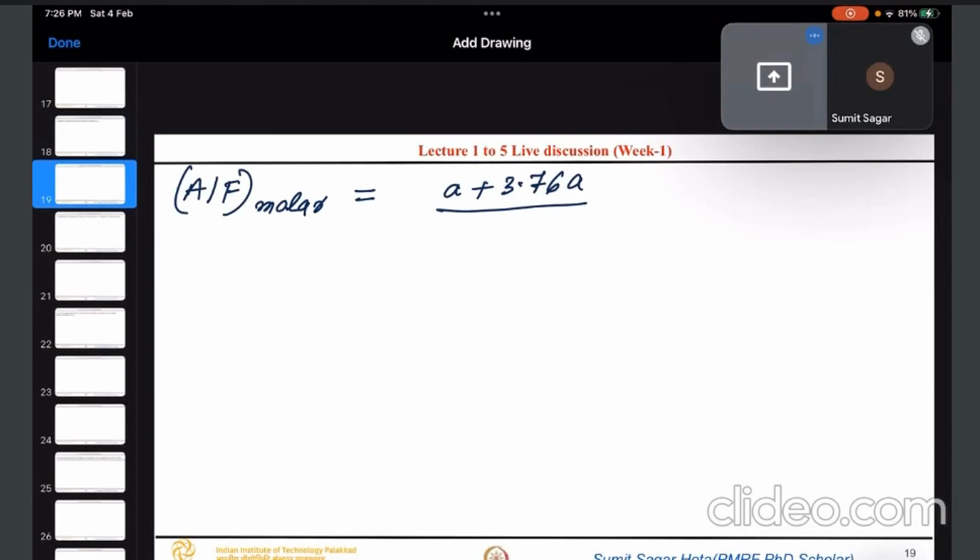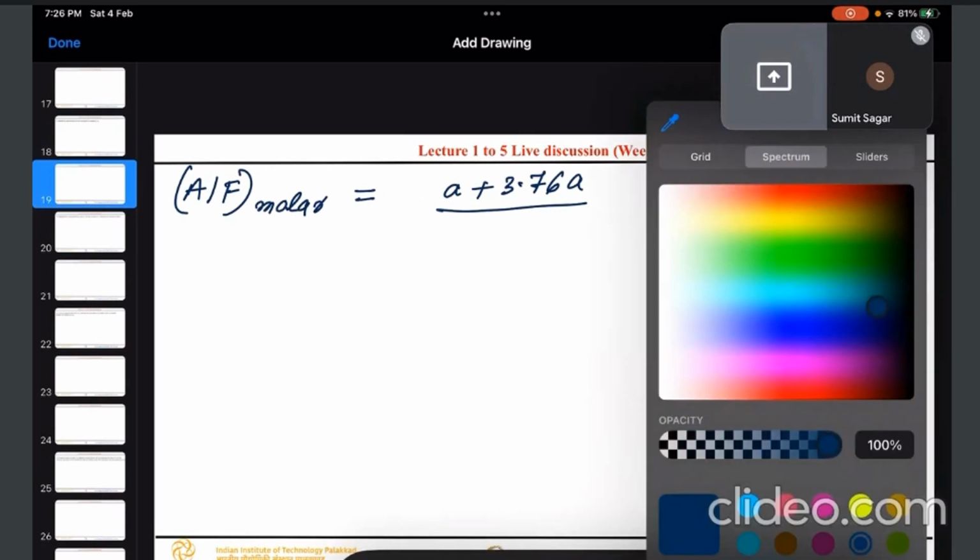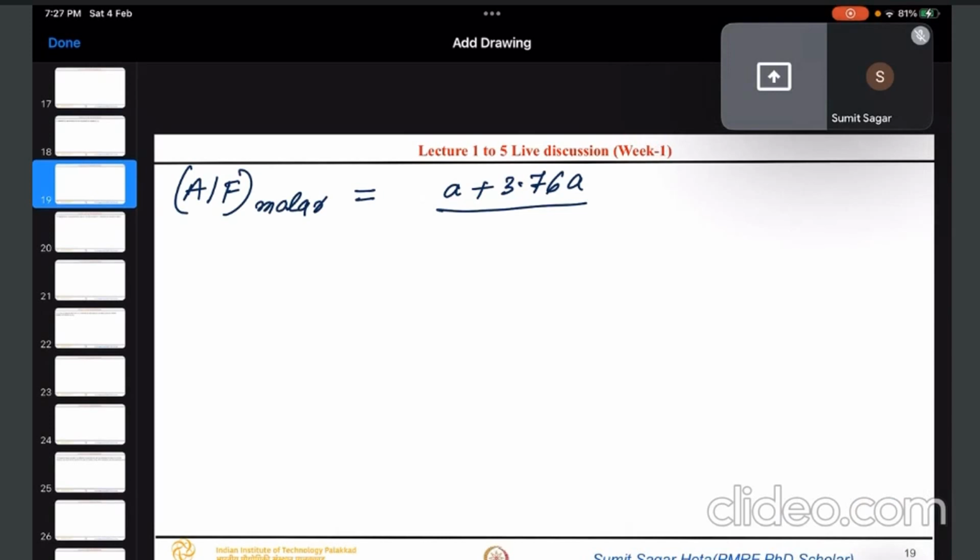Now what do you have to do? What is the fuel?